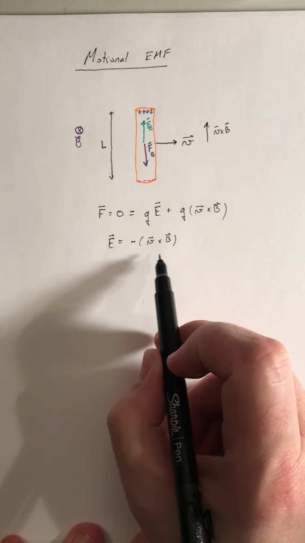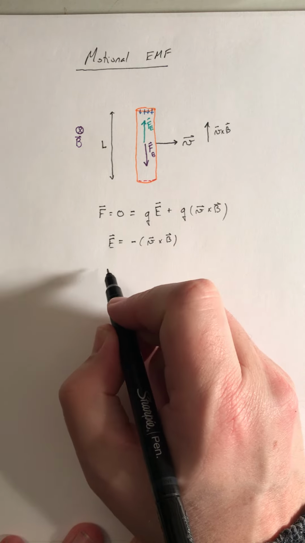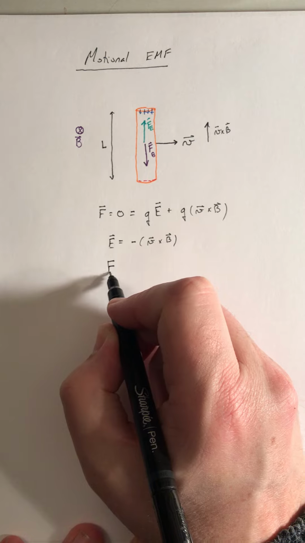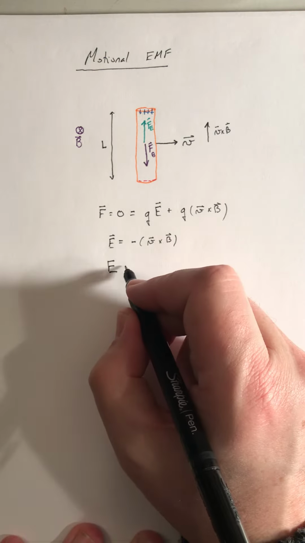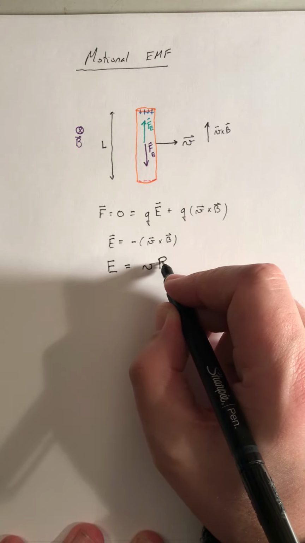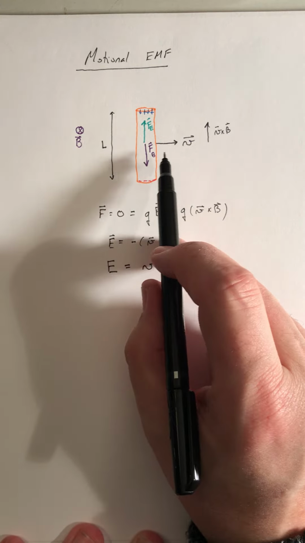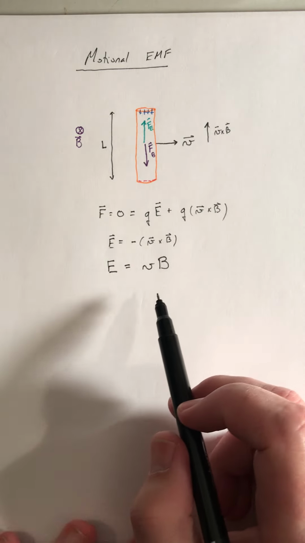If we look at magnitudes, the magnitude of the electric field, well, V and B are perpendicular to each other, so E will equal the speed of the conductor times the strength of the magnetic field.